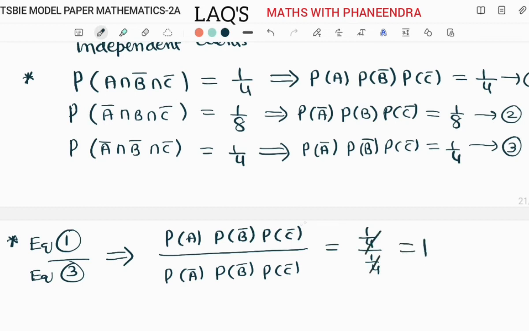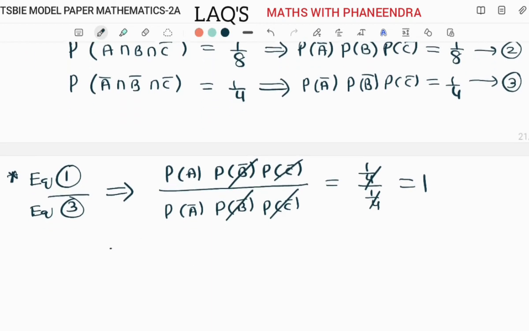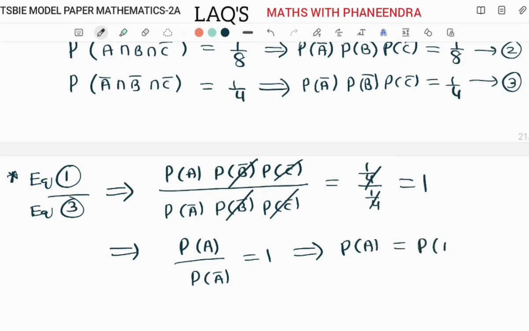So here P of C complement, P of B complement cancel. So P of A divided by P of A complement is equal to 1. That implies that P of A is equal to P of A complement.